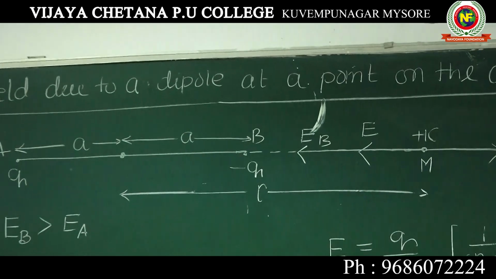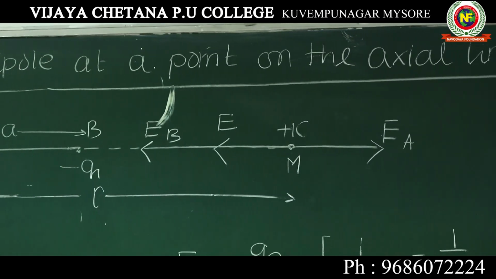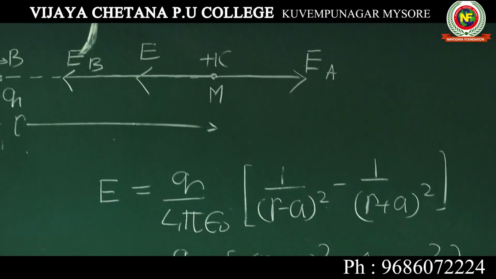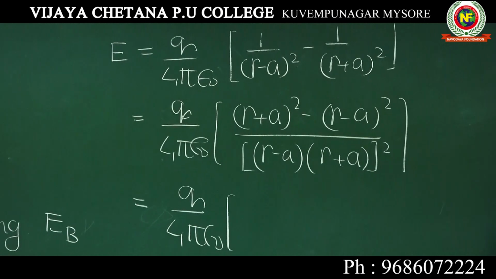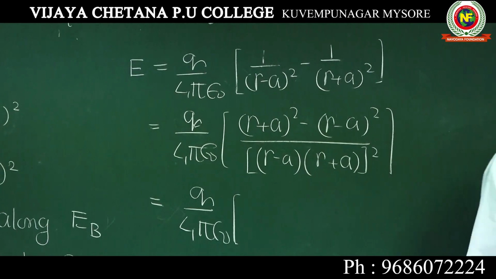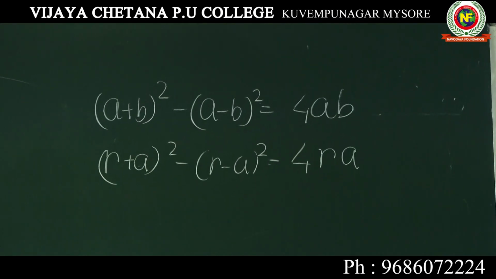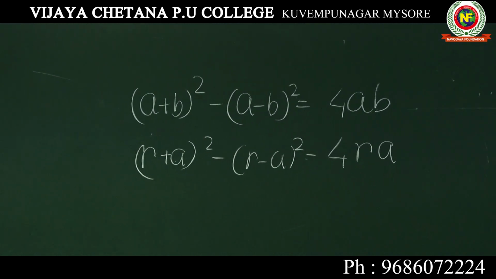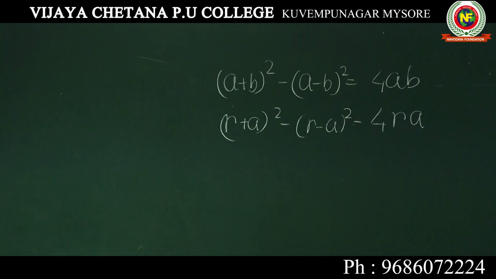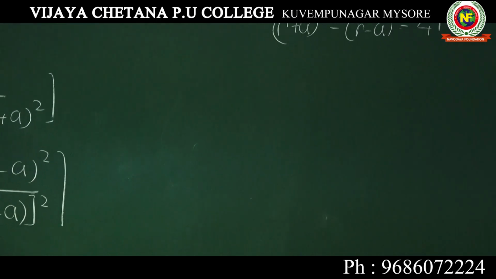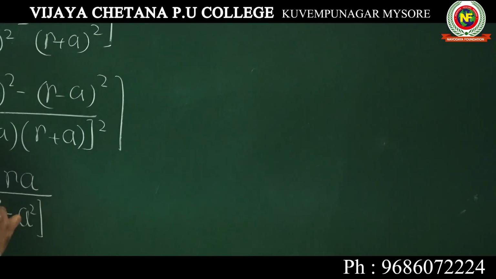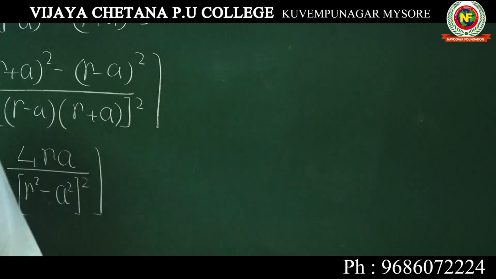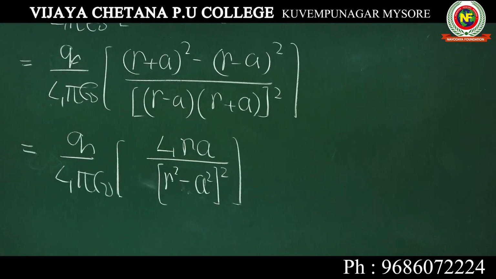Similarly, r plus a whole square minus r minus a whole square must be equal to 4ra. 4ra divided by r minus a into r plus a is r square minus a square, so r square minus a square whole square. Okay, this can be reorganized a bit.